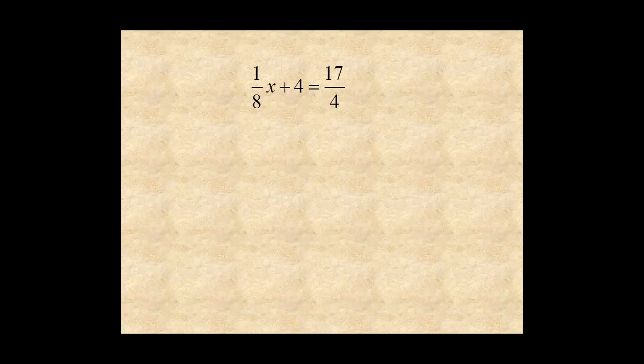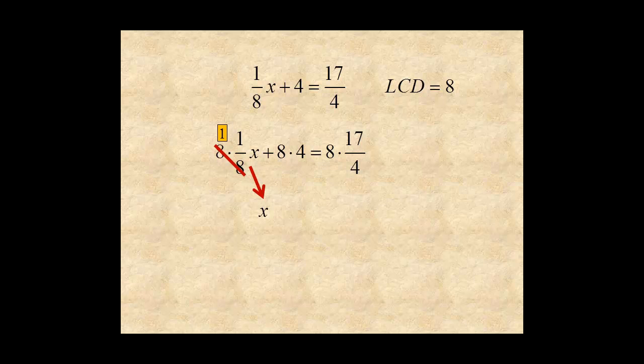For the second example, the denominators are 8 and 4. Since 8 is a multiple of 4, the LCD is 8. So multiply both sides of the equation by 8. For the first term, 8 divided by 8 is 1, and 1 times x is x.